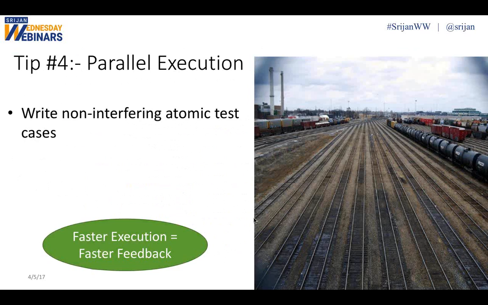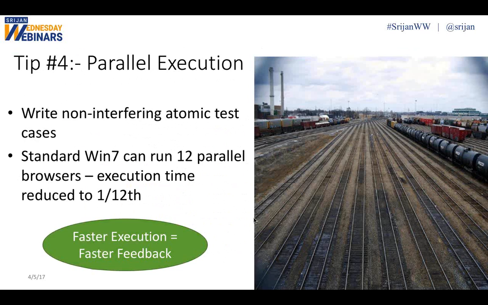They should not interfere with the execution of each other. It should not matter what the other test cases running in parallel to any given test case are. You should be able to run any test case in parallel with other test cases. This is a very important design consideration when you are planning your automation. Otherwise, you'll be in a lot of trouble when the number of test cases increases and you want to run your test cases in parallel.